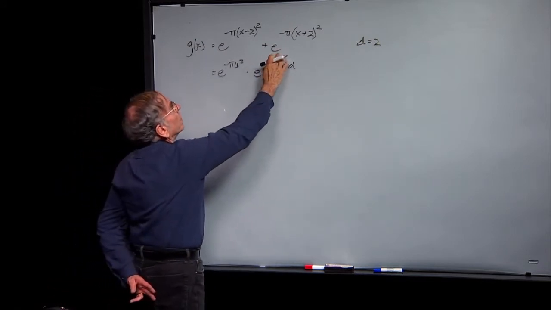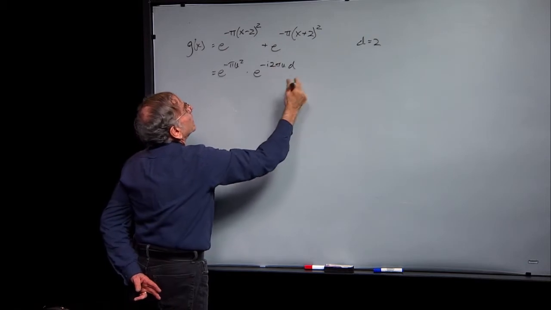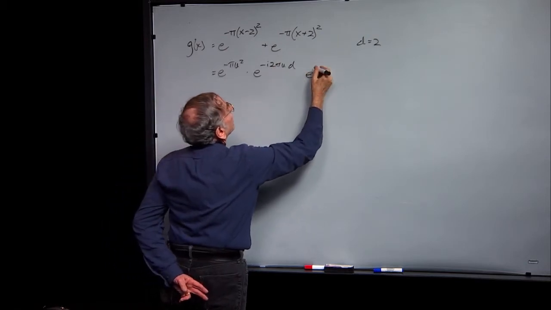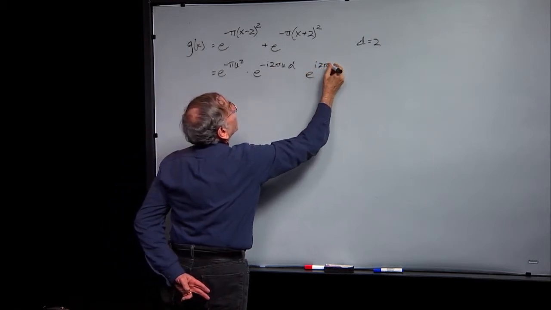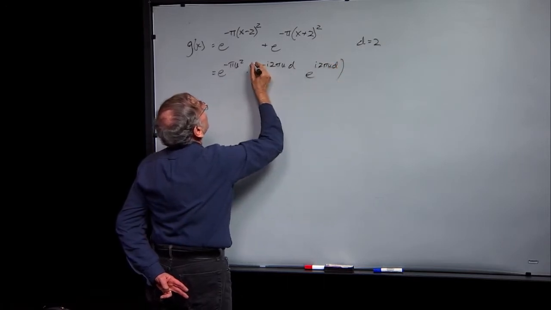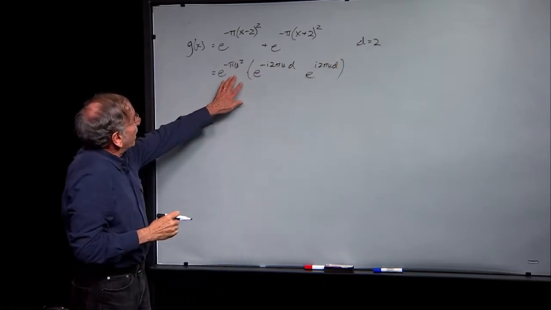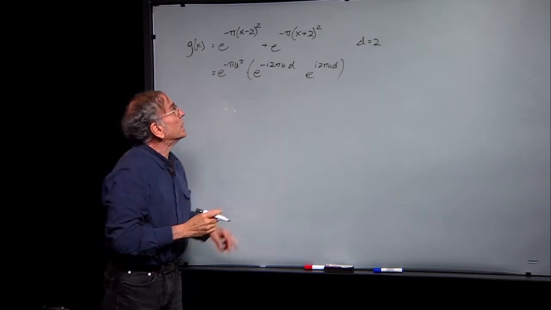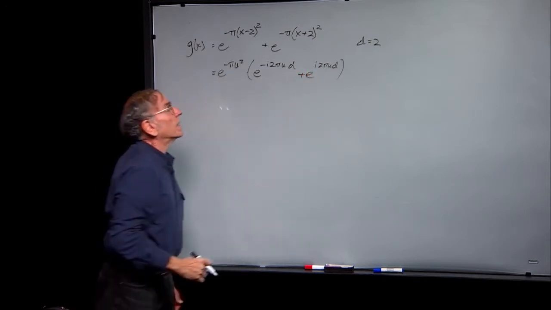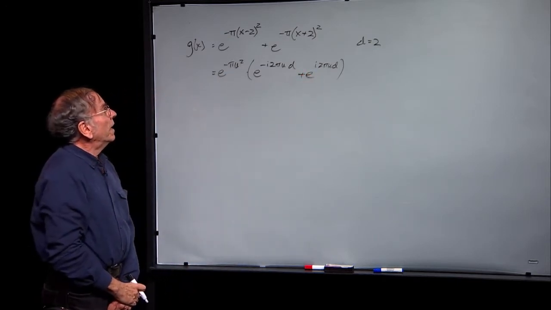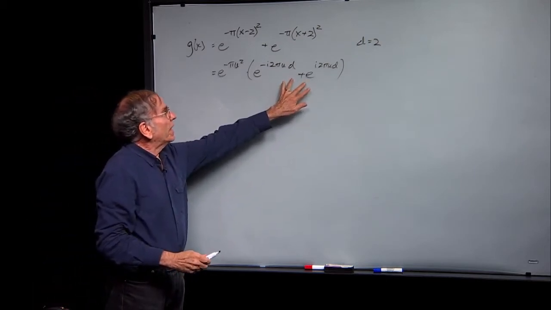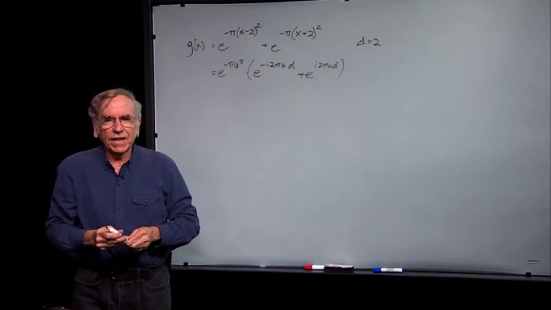And then this other term is going to be exactly the same, except that it's going to be e to the plus i 2 pi u d, and I can just collect these together. So I have this Gaussian and then times these two complex exponentials. Now, when you see that, that is, strictly speaking, the answer to our homework.